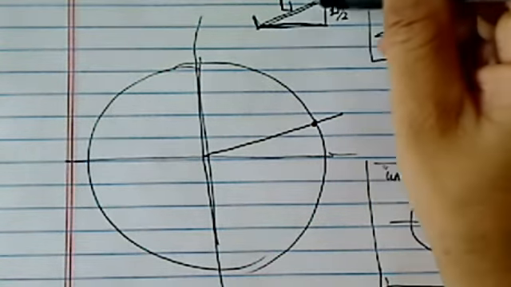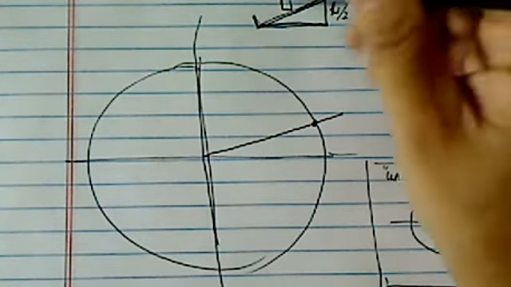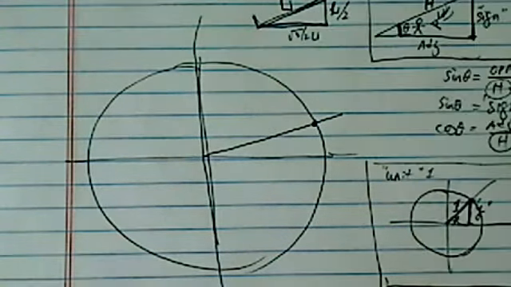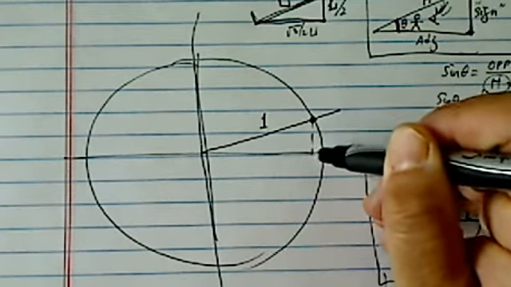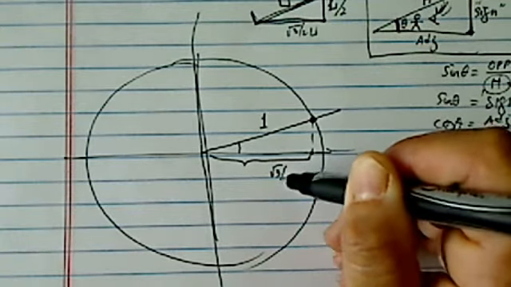So if the longest length is L, the shortest one is half of that. Using Pythagorean theorem, you'll see this is radical 3 over 2 times L. So if this is 1, and then my x is longer, it's radical 3 over 2.